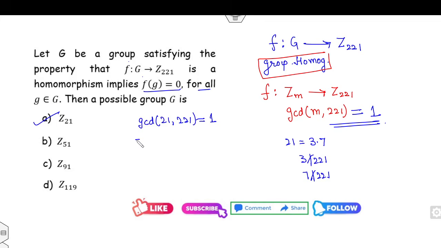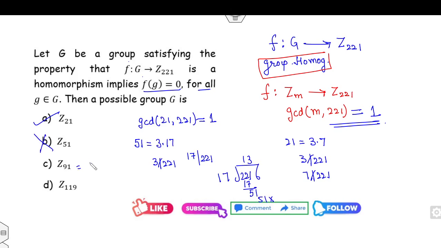Look at 51. 51 is 3 into 17, and 3 doesn't divide 221, but 17 divides 221. You can see 17 into 13 is 221. So that means the GCD is not 1.